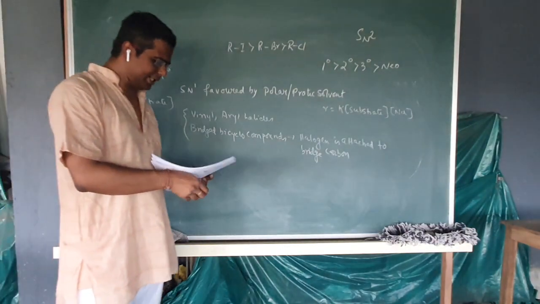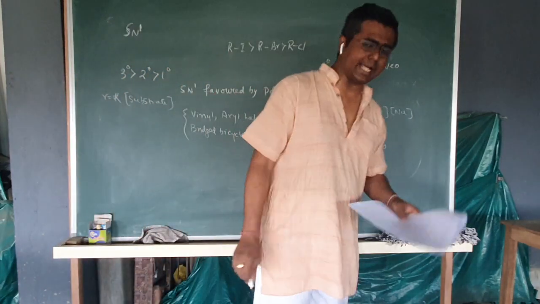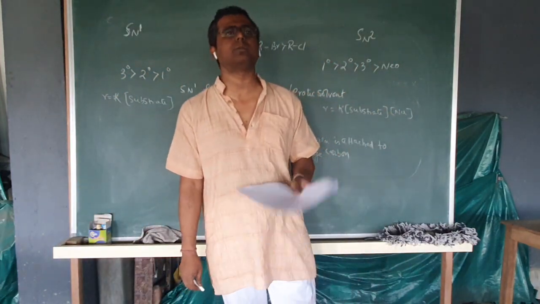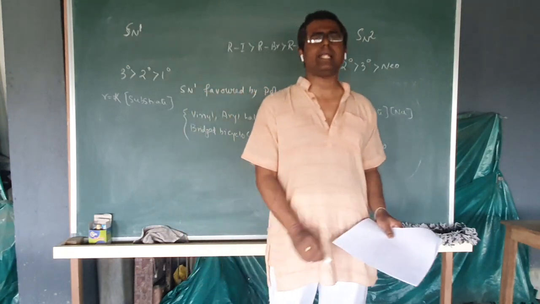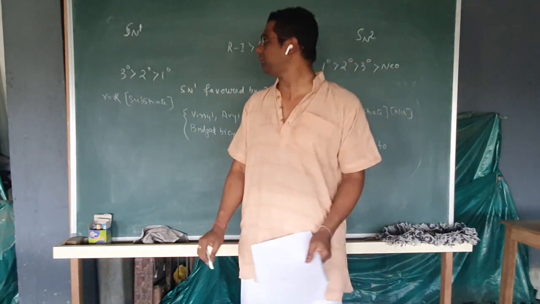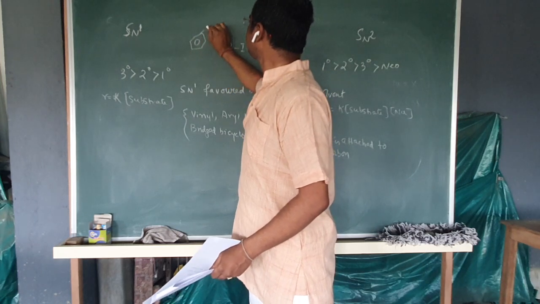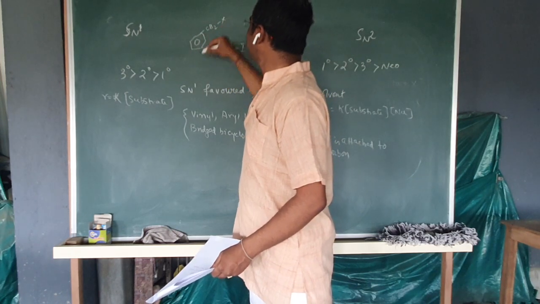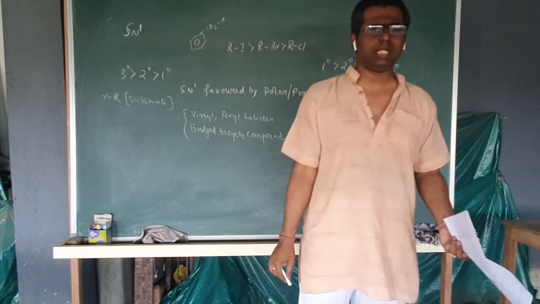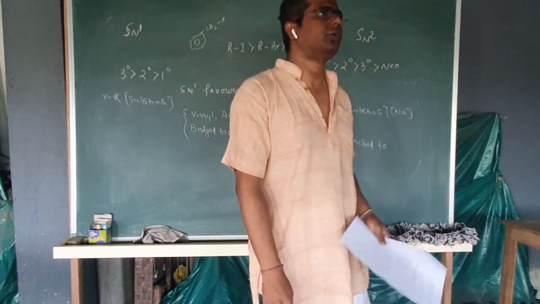In case of 2 degree, 1 degree allylic and benzylic, please write it down. Benzylic मतलब ये वाला. This benzylic, allylic, ठीक है? Allylic I think you know, and 2 degree also.